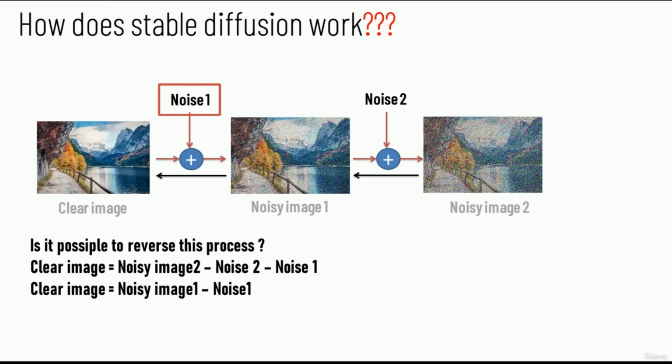After that, we will remove this noise 1 from our noisy image 1 to get our clear image again. So in easy words, our stable diffusion model will try to remove the noise from our image.